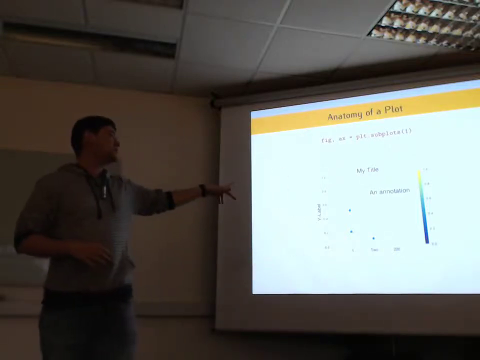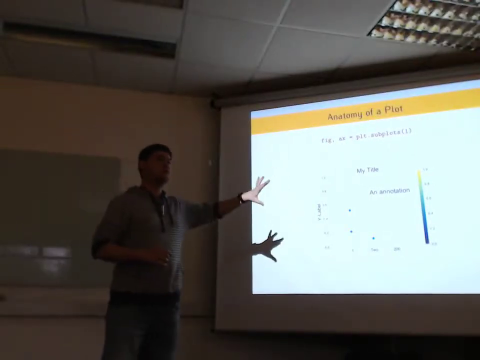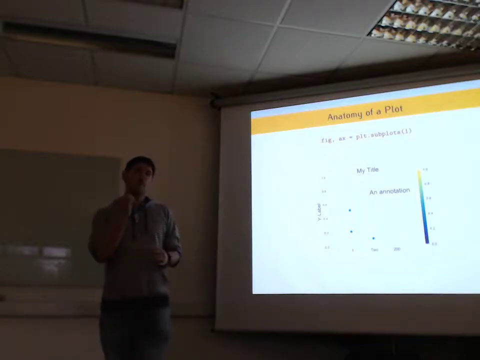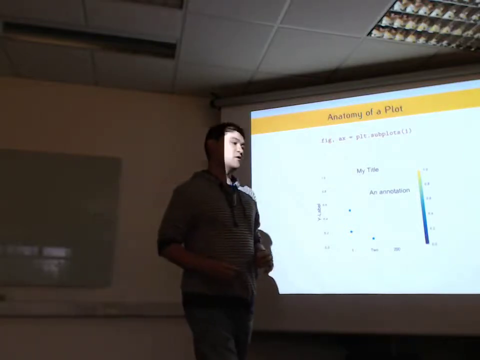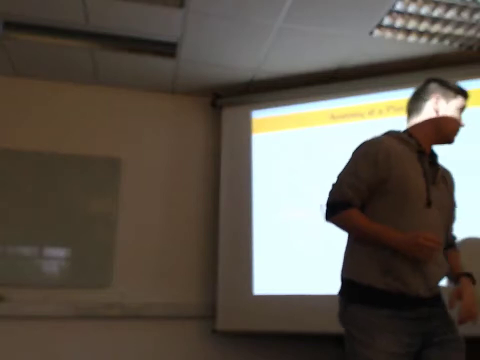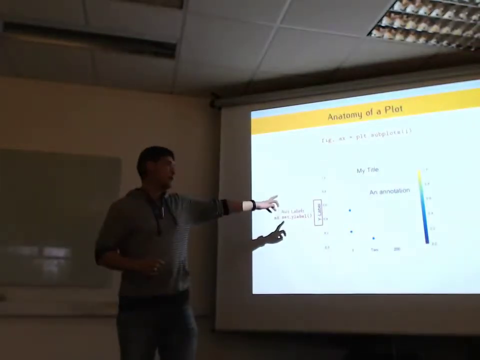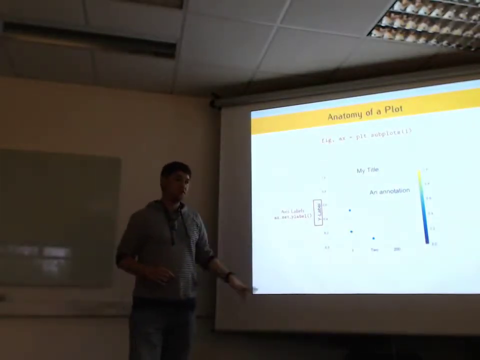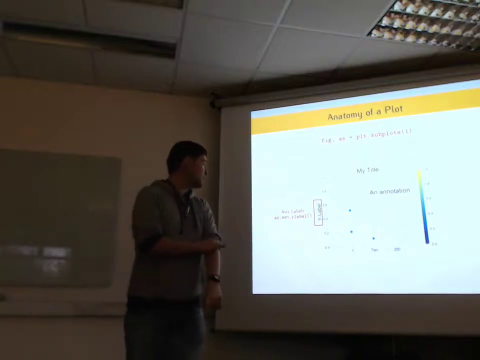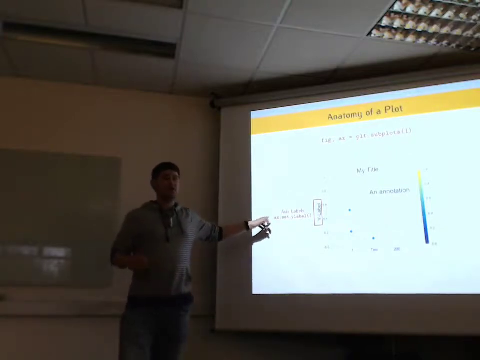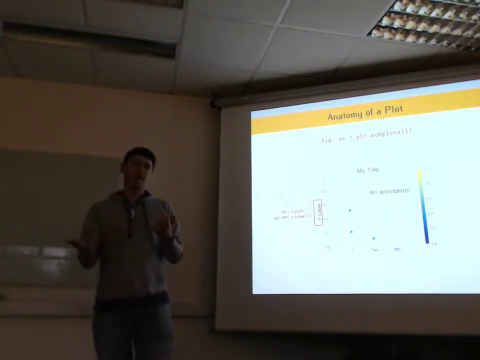So when you're talking about your figure, it knows that that axis is on there. And then you can start building up your plot with lots of different elements by manipulating these objects. For example, if you want to add axis labels, like the y label here, you just take your axis object and use the method set_ylabel.